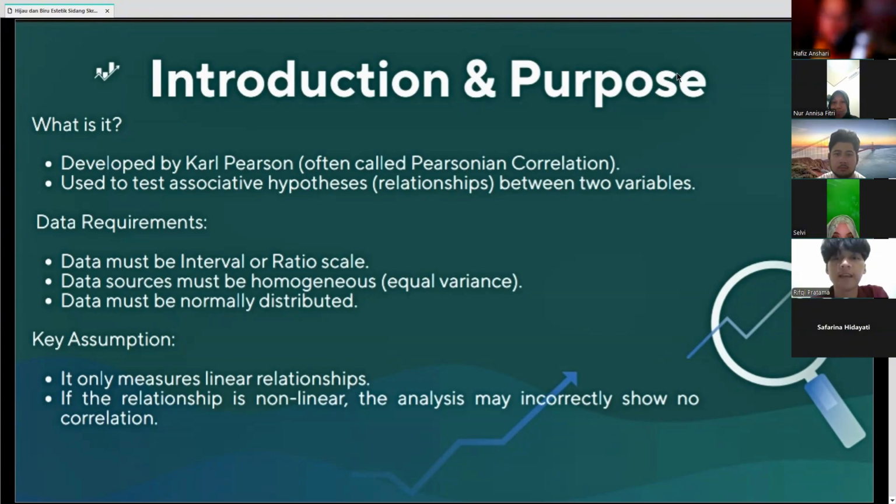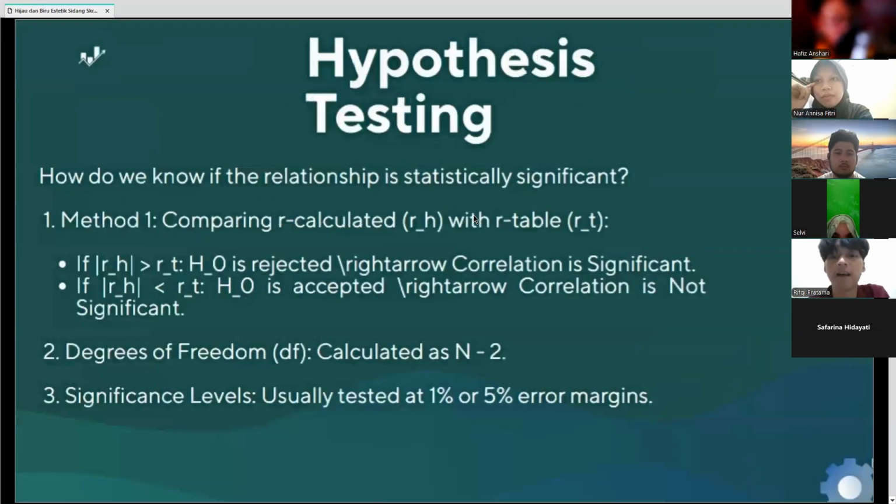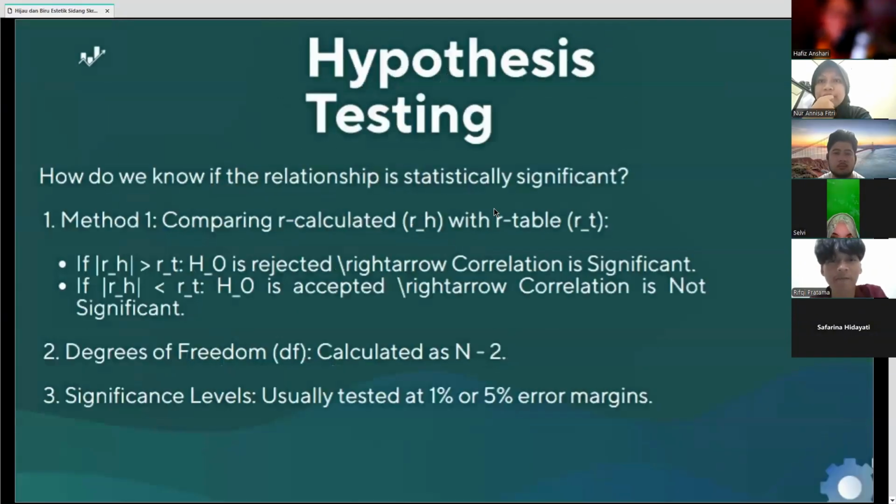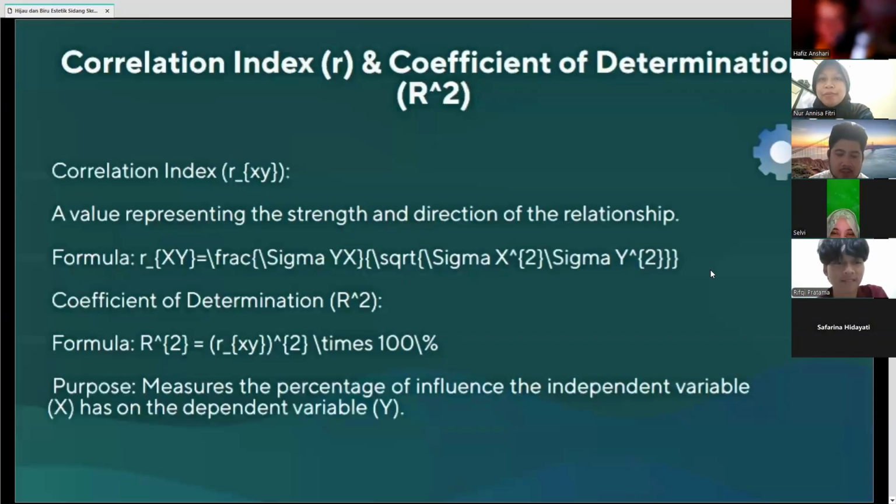It calculates how closely the data points follow a linear pattern. If the relationship forms a curve or another non-linear pattern, Pearson correlation may give a low value even though the variables are related. Do you understand? Yes, thank you.